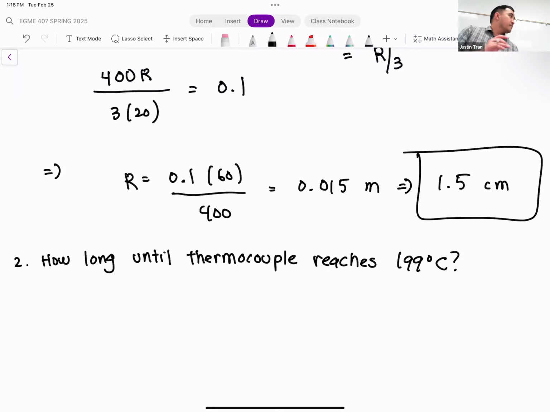So for this problem, we're going to need our full lump capacitance solution.